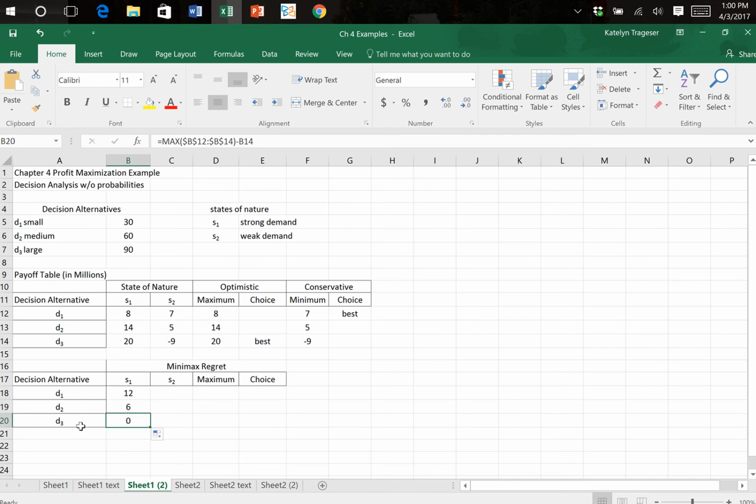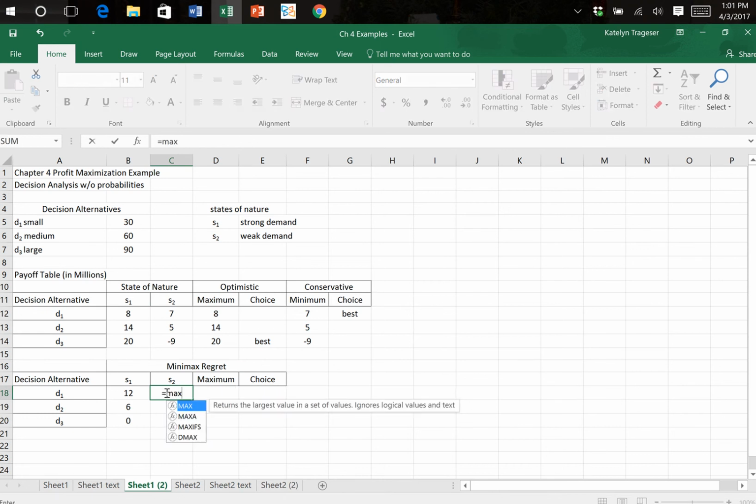And we can see here for decision alternative 3, 20 minus 20 is going to return 0. Right? So then we want to do the same thing for S2, our second state of nature. So again, equals the maximum of these 3 absolute less that scenario.